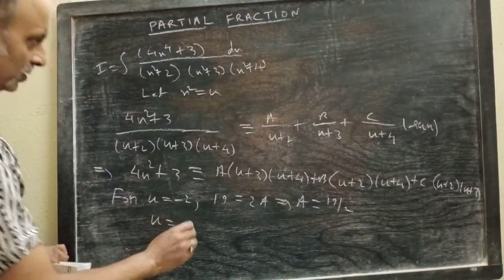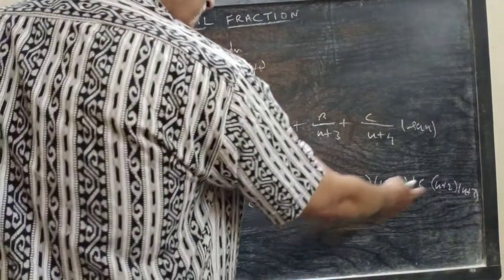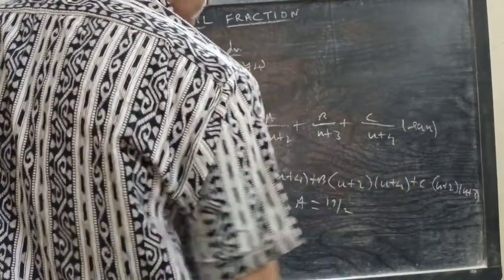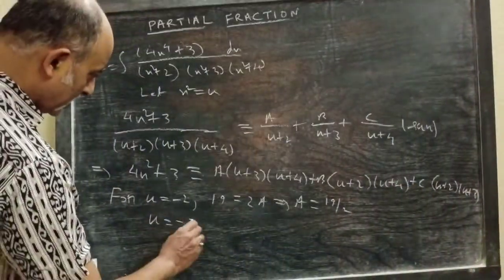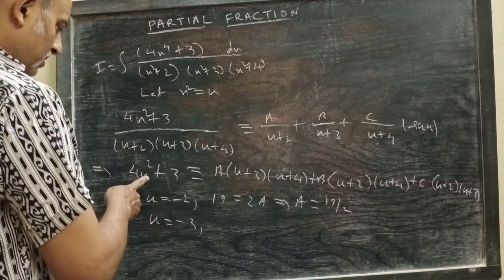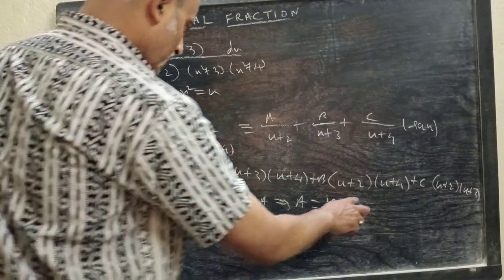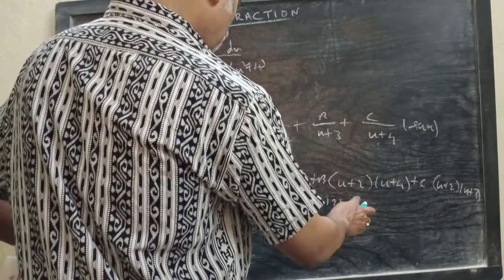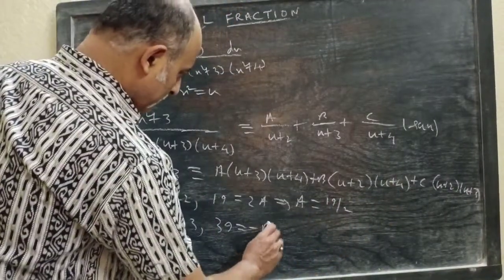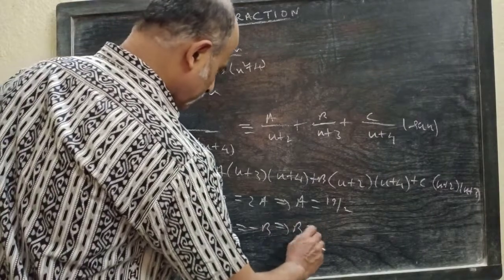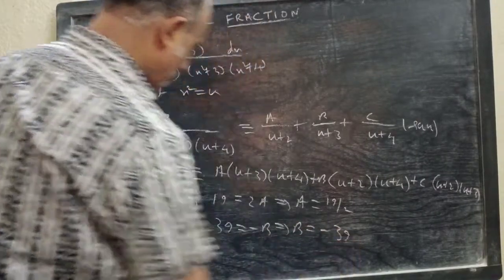Next, to get b, the common factor is u plus 3, so we have to take minus 3. Minus 3 square is 9, 9 fours are 36, 39 is equal to minus 3 plus 2 is minus 1, plus 1, so minus b. So b is minus 39.